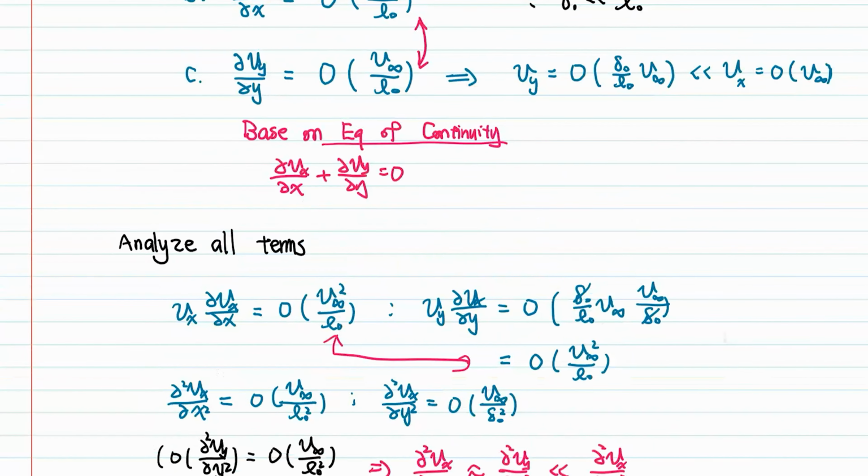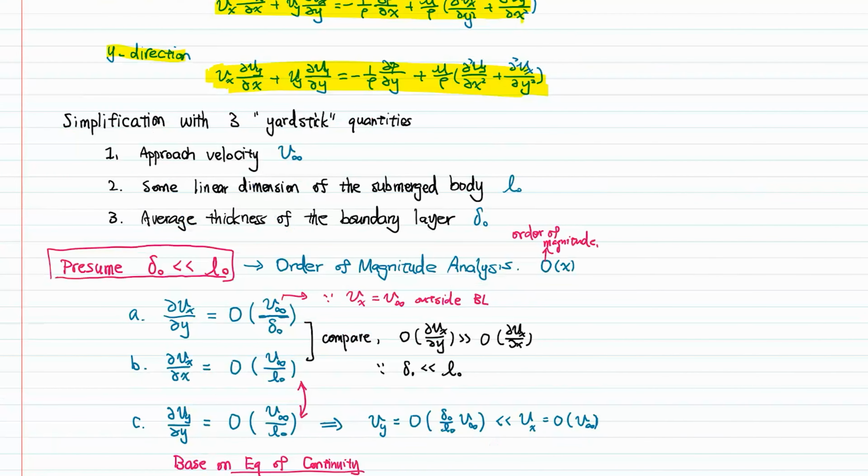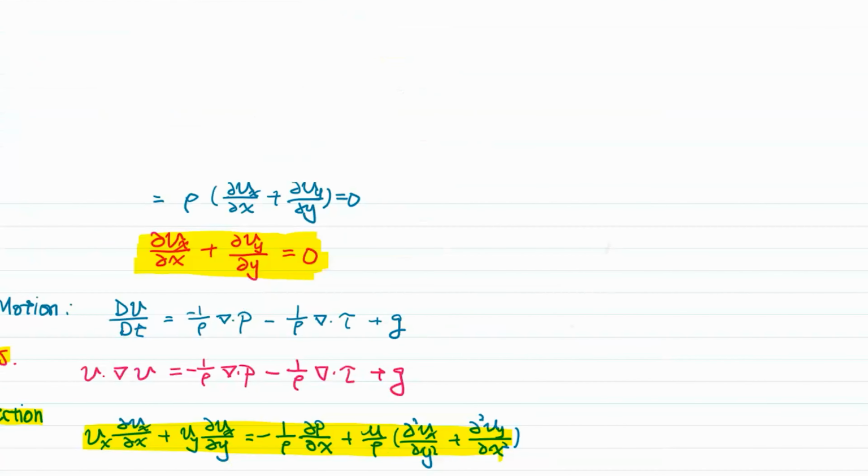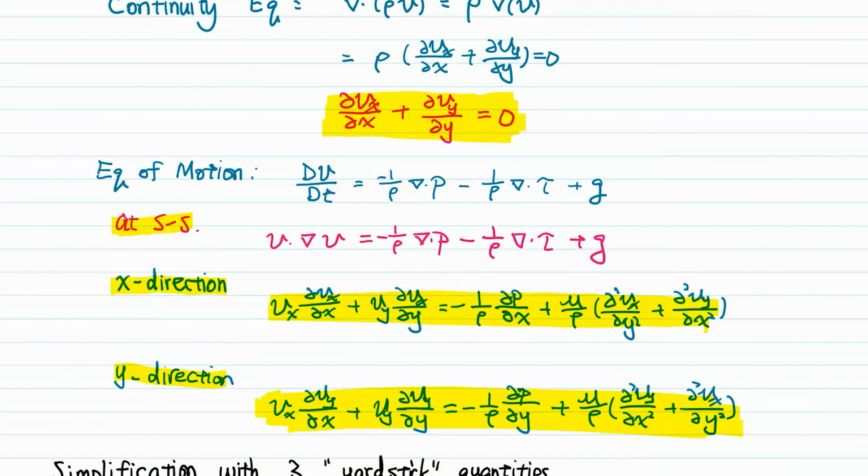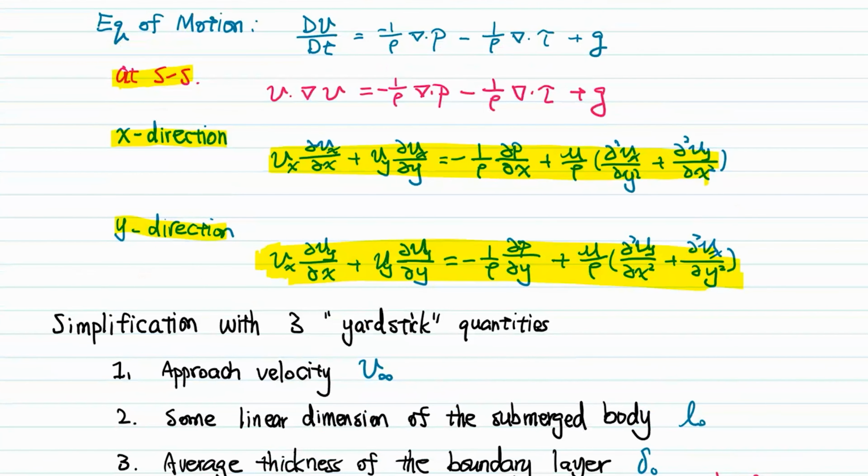So basically we have all the terms in our equation of change, especially in the equation of motion, figured out. Each term relates to velocity and the characteristic length, meaning L naught or delta naught.